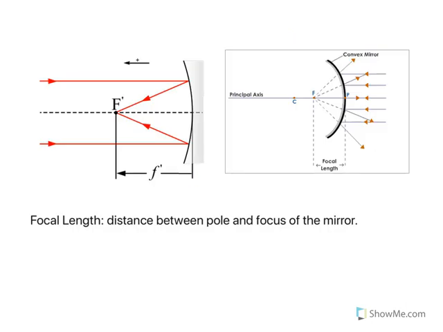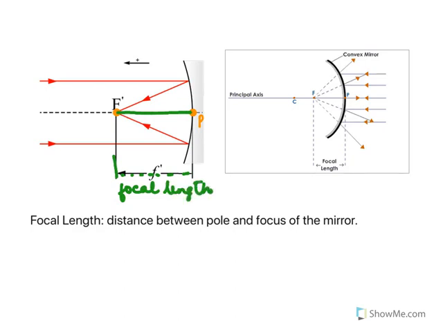We will define the pole of a mirror and the focal length of a mirror. So here we have the focus, and this is the pole. And the distance between the focus and the pole is called the focal length. So this distance here is called the focal length of the mirror.